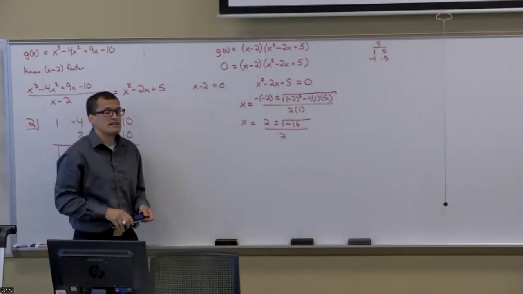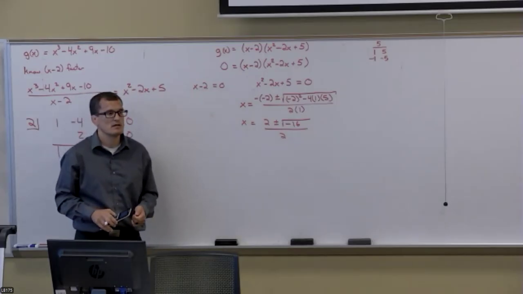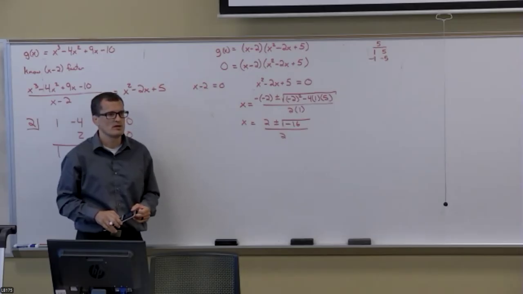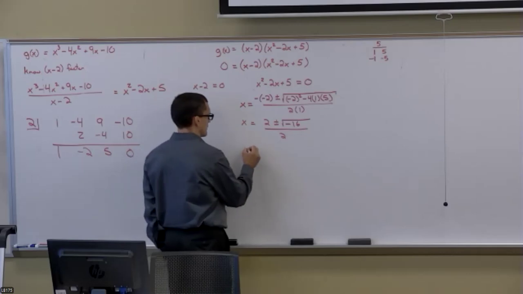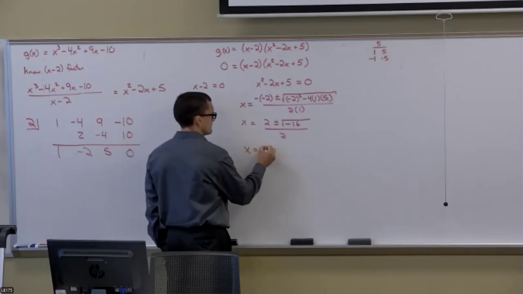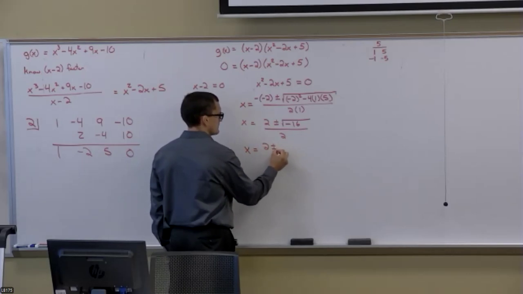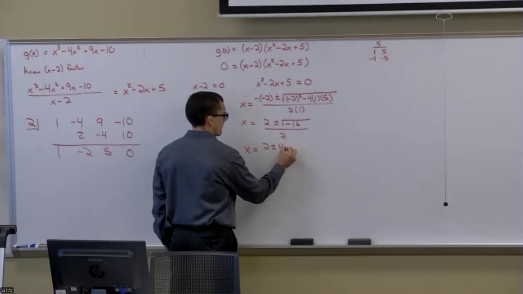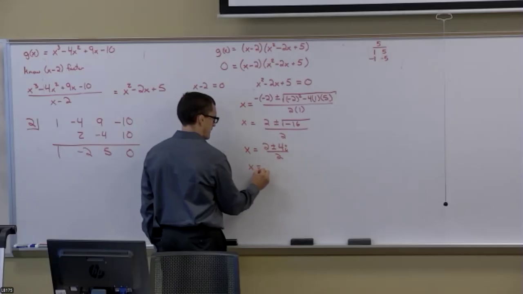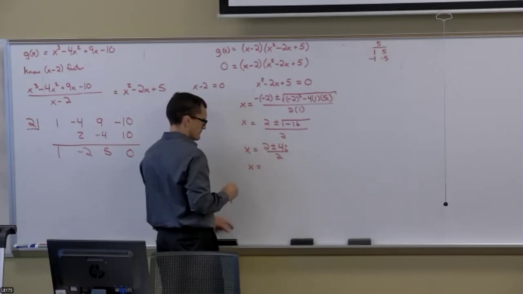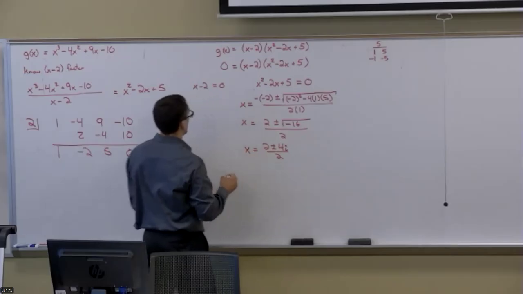The inside of the square root is a negative 16. That's 4 minus 20. So we're going to end up with complex number answers. I'm going to actually just do it this way.